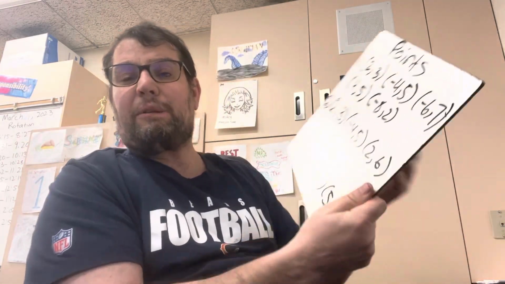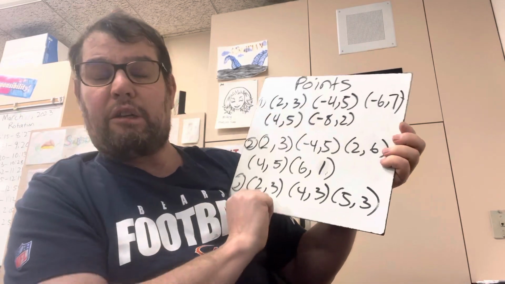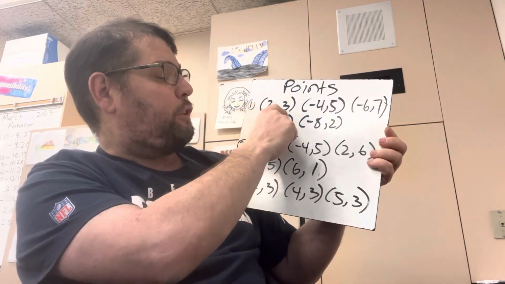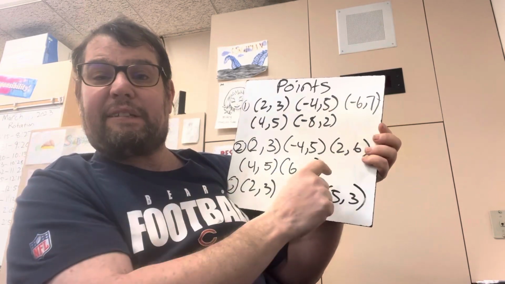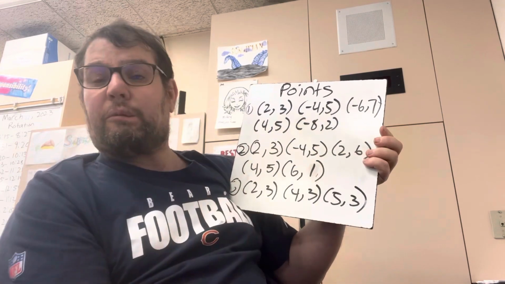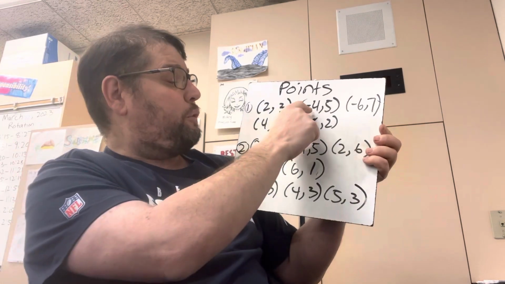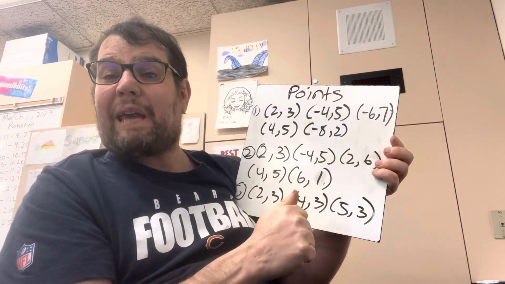They can also give you a problem that looks like points. So we look at this first one. The points are (2, 3), (-4, 5), (-6, 7), (4, 5), and (-8, 2). Now, we do see that 2 numbers have the same y value, but that's okay.